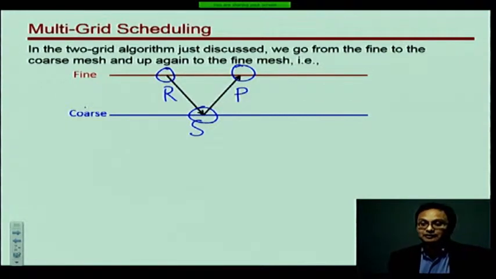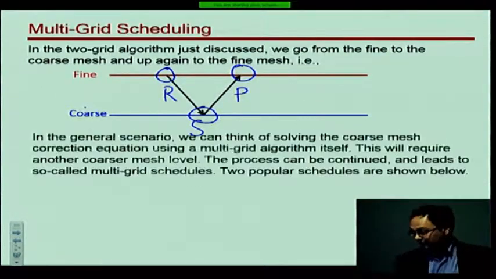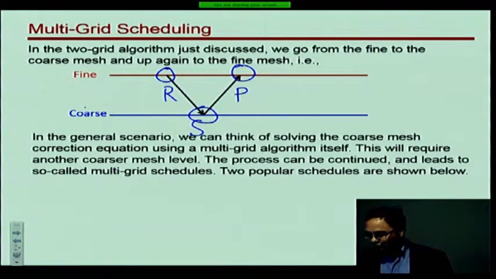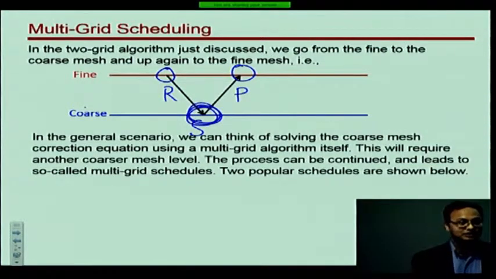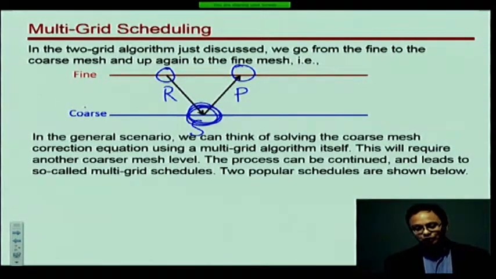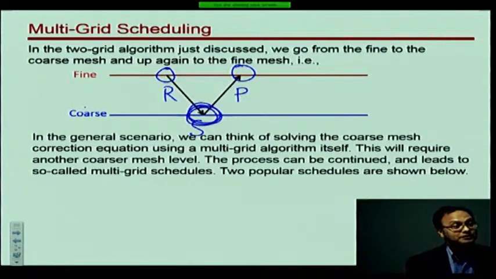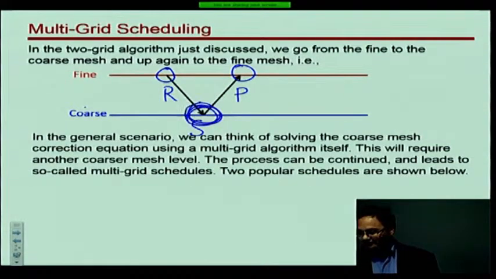Now here is what happens. Here in the coarse mesh, let's say in the description that I gave you, you're using Gauss-Seidel to smooth out the errors. And I mentioned that it's a good idea to use a tighter tolerance. So what are we doing here? We are actually again solving a set of simultaneous equations on a mesh, be that the coarse mesh.